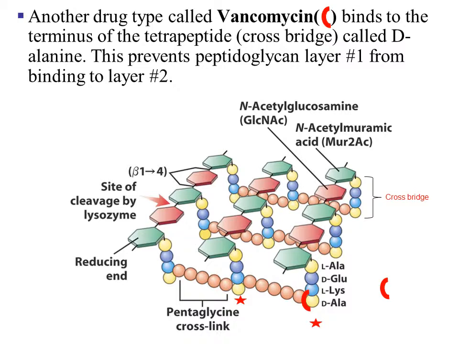If I somehow block the D-alanine from binding to the pentaglycine molecule, then the layer 1 will not bind to layer 2, and layer 2 will not bind to layer 3. But you will still produce the layers, but they will not be able to attach to one another. So that is what this drug category will do. Vancomycin is a drug that will bind to the D-alanine and block its interaction.